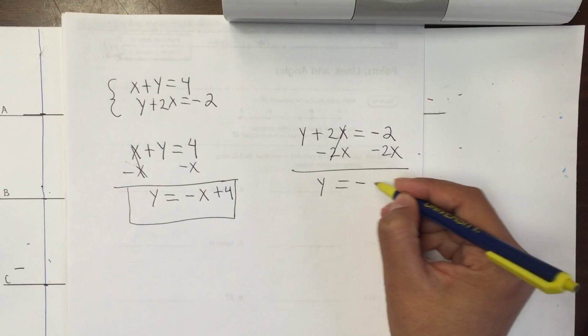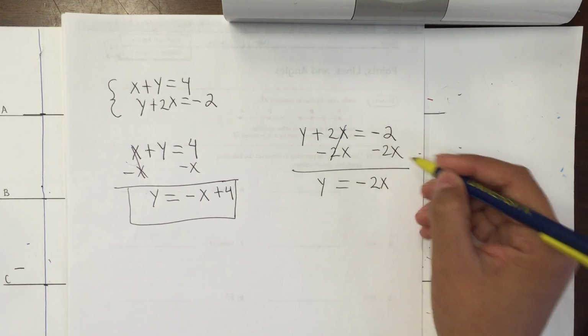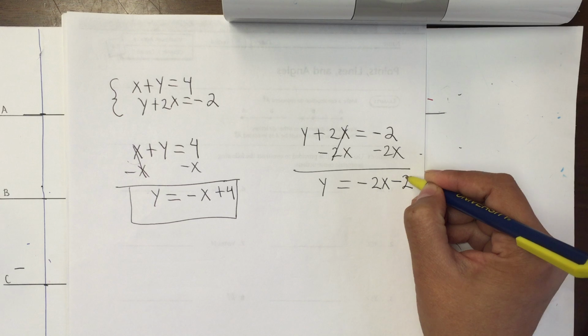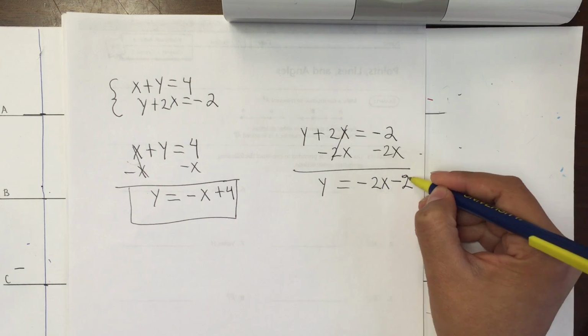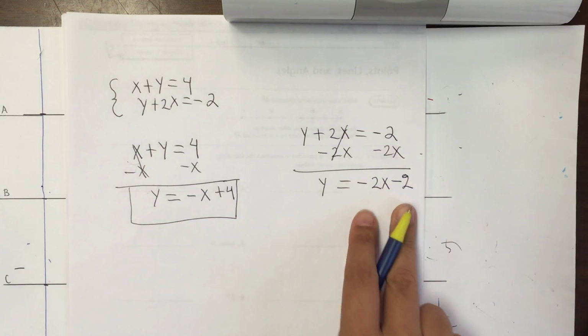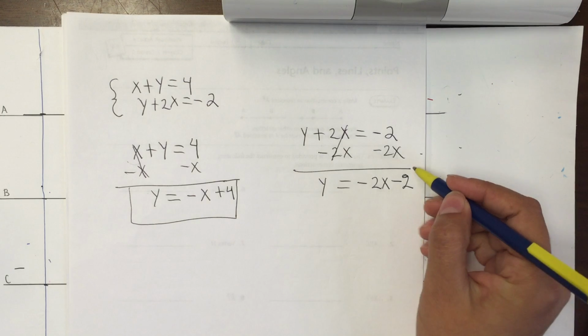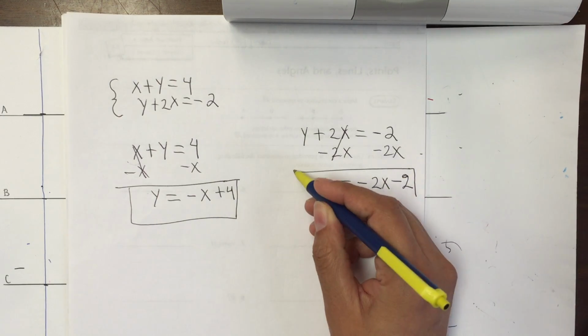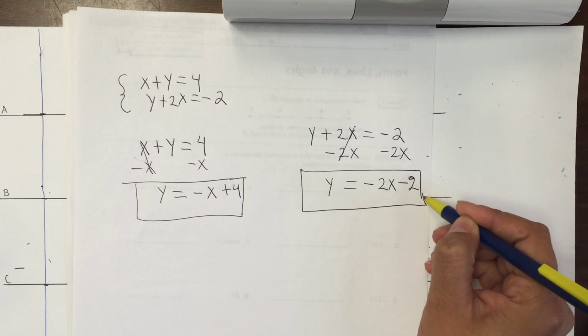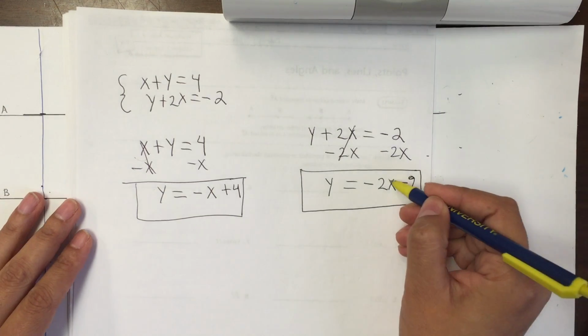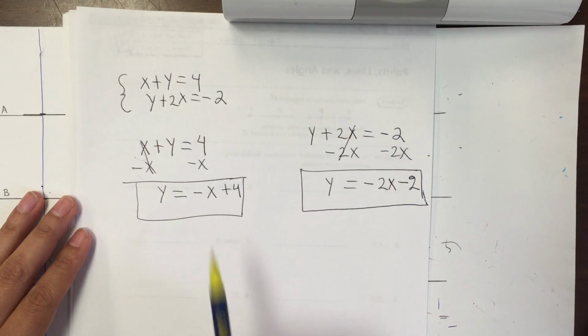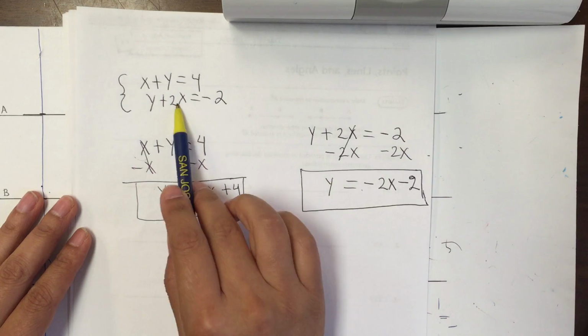So we write the x term first and the constant last. Remember that if you switch them, it would not be incorrect. It's just not conventionally or traditionally written that way. So that's for the first one and that's for the second one.